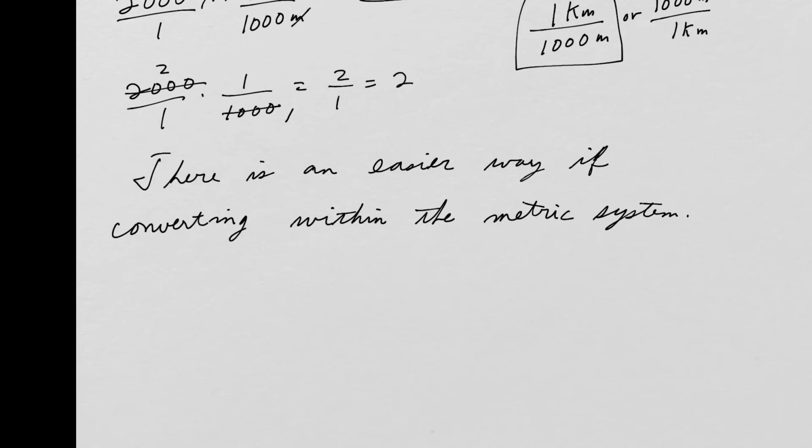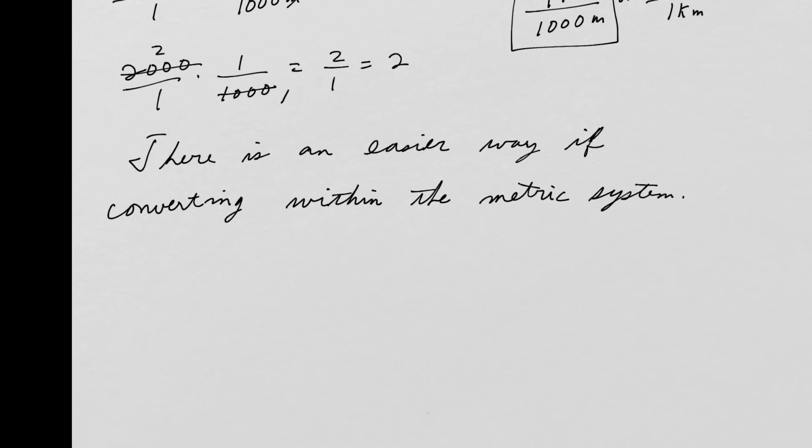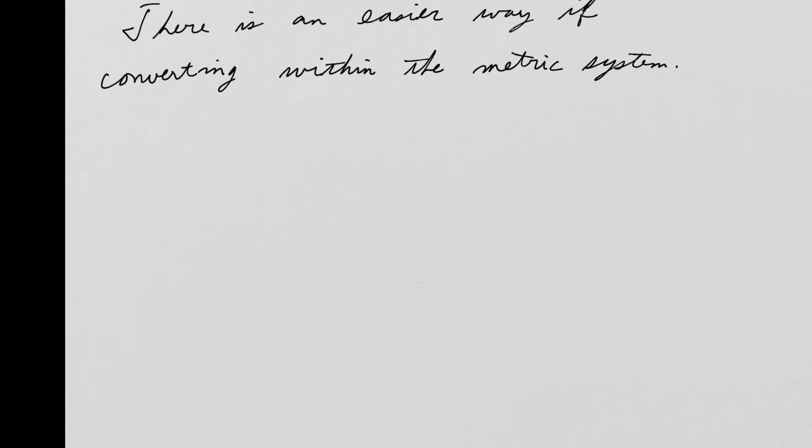Okay, so the way that we do this is we basically rewrite the metric table. And again, I'm going to focus on lengths right now, but this also works for mass and volume as well. I'm going to rewrite the metric table, but basically lying down instead of vertically.